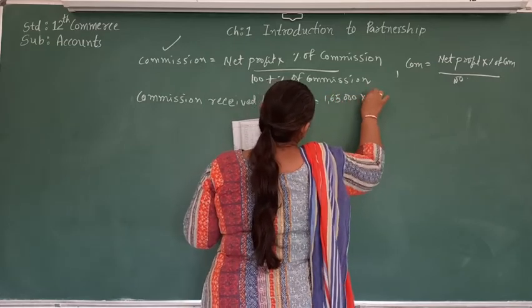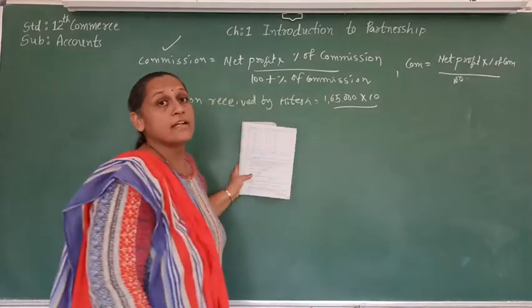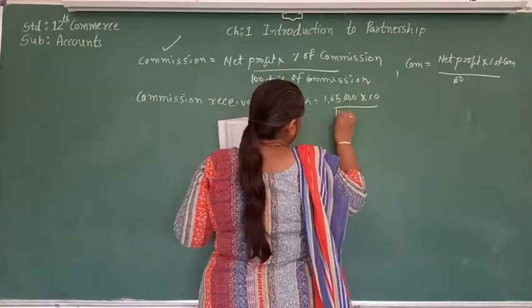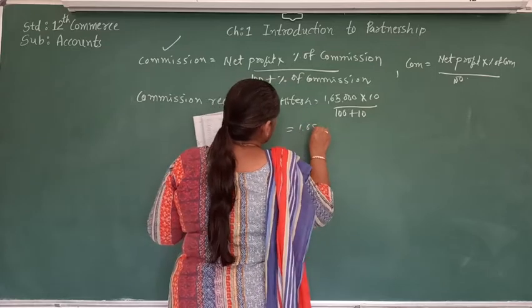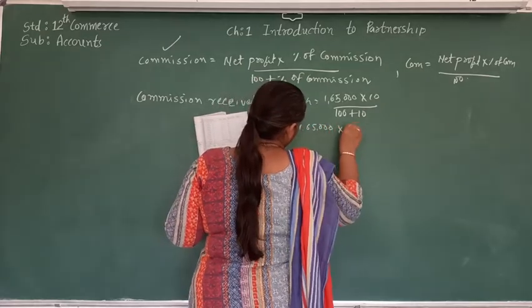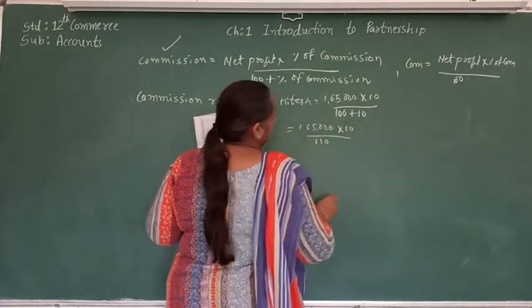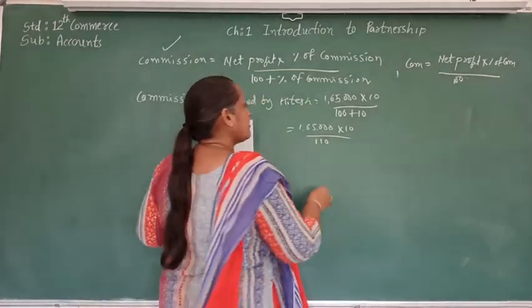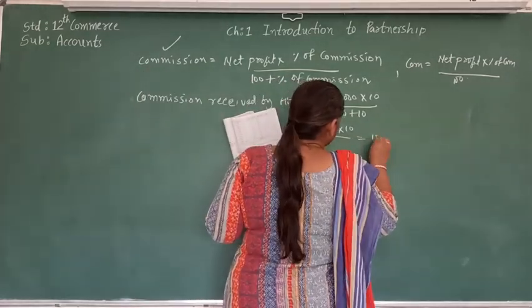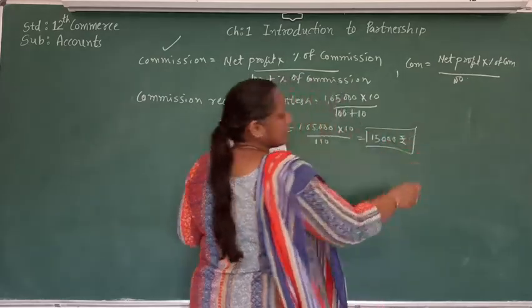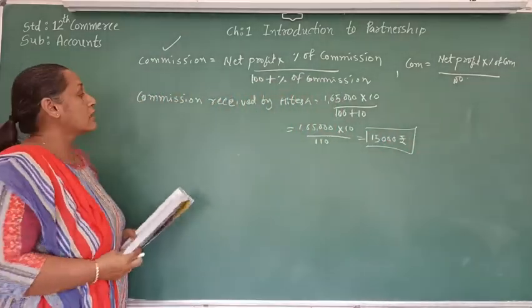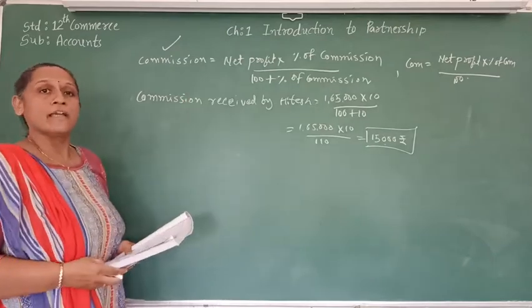Rate of commission is also given, that is 10%, and 100 plus 10. So here 1,65,000 into 10 upon 110. So the amount of commission will be 15,000 rupees. So this is the amount of commission that is going to be received by Hitesh.